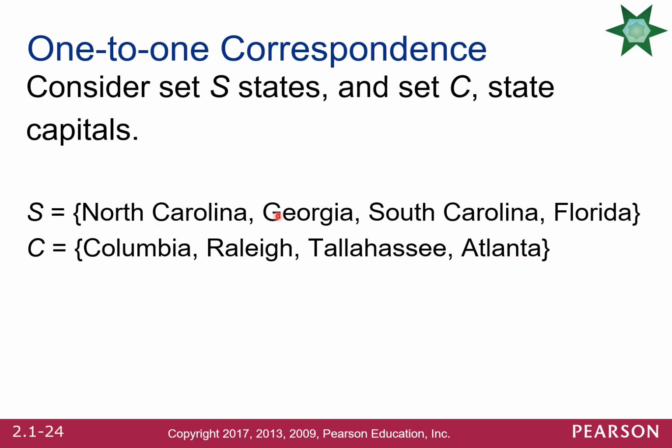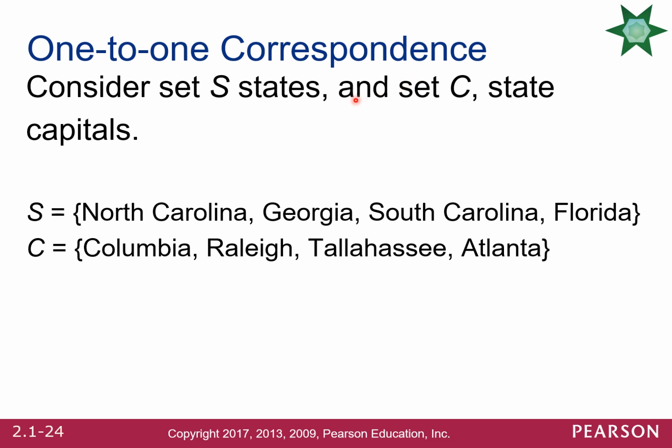So we see there's a relationship between the elements of set S and the elements of set C. All right, so the first is the set of states, then we have the capitals, but each element of set S should map to exactly one element in set C for it to become a one-to-one correspondence.